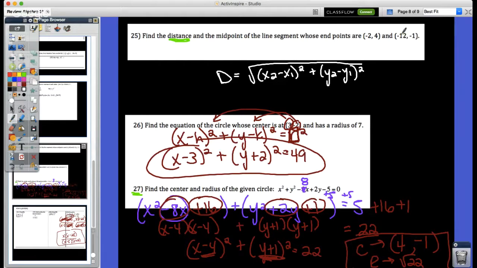So we could say -12 minus -2, parentheses squared, plus -1 minus 4, that's y2 minus y1. A lot of you know how to do this. But this would be -12 plus 2, which would be -10. Square -10, I get 100. On this right side, -1 minus 4 is -5.